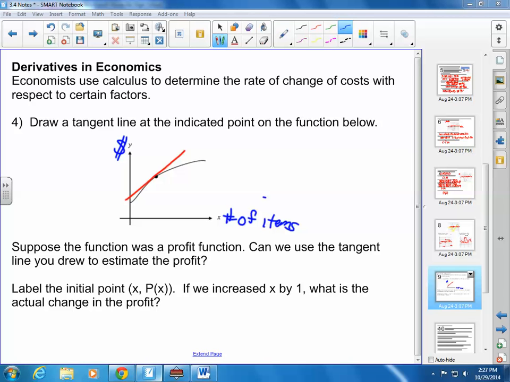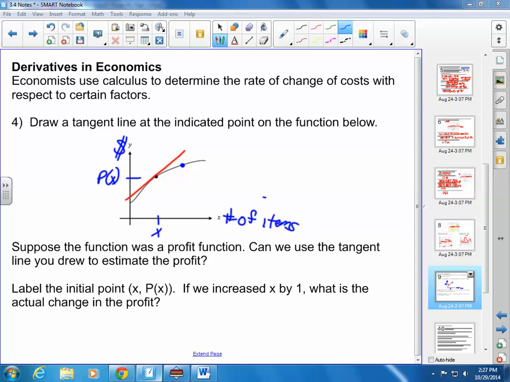So if I say at this point, that's my profit when there are X items bought at that point. If I want to find out what happens when you are out here somewhere, that's going to be my actual change in profit, because that's an actual point on my profit curve.